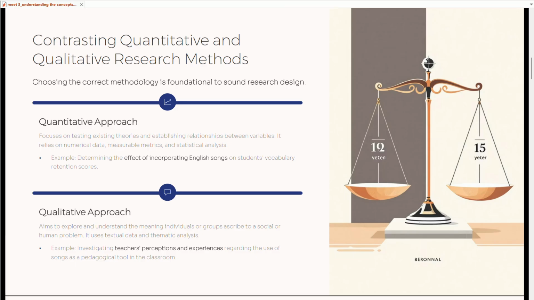But it can be viewed from two different views. If we use the quantitative approach, we can do experiments and know the effect, whether using English songs in teaching English in the classroom can improve the students' scores in vocabulary or not.